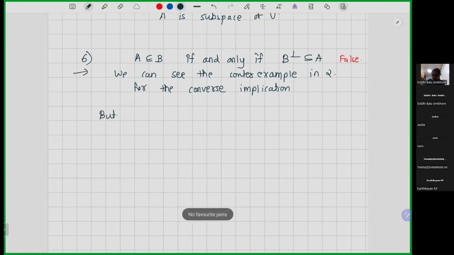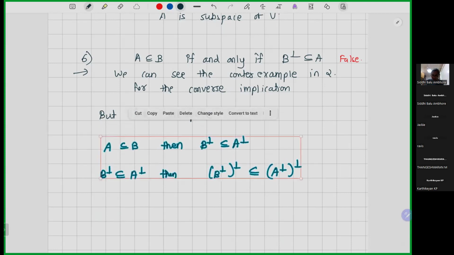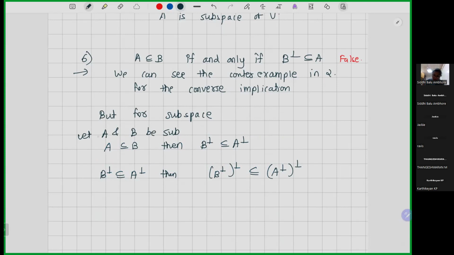But for subspaces, now the things change. Let A and B be subspaces, or let me just write W1 and W2, to be clear, be subspaces. Then if W1 is contained in W2, then W2 perp is contained in W1 perp, right? This is anyway true.